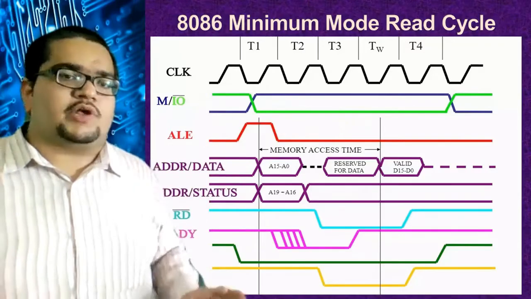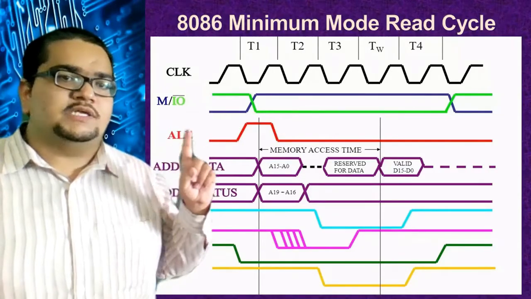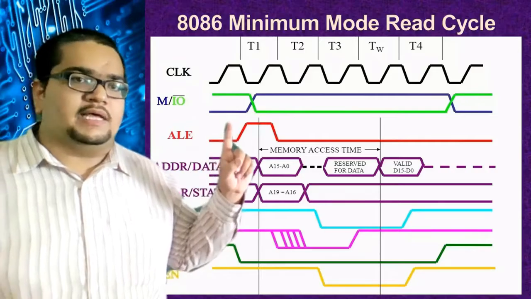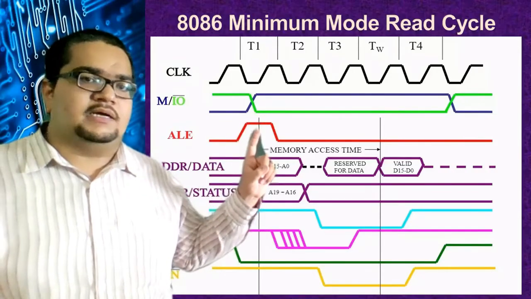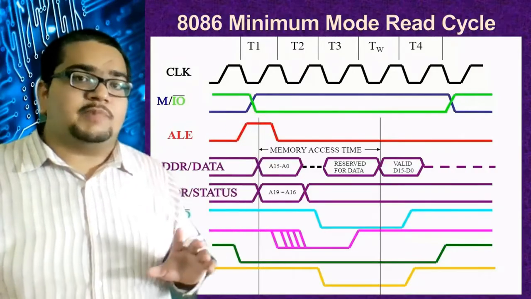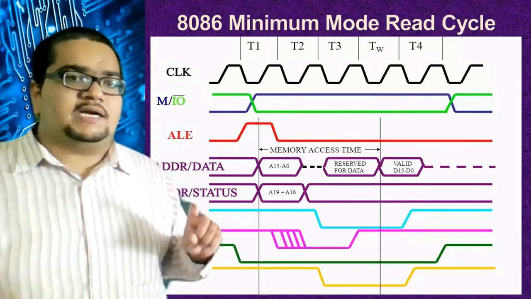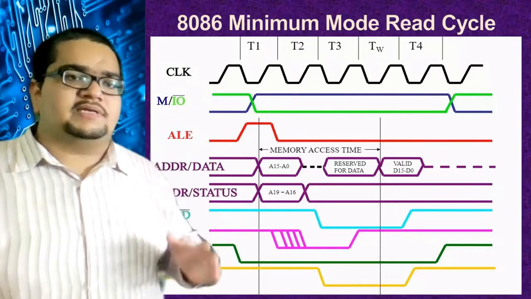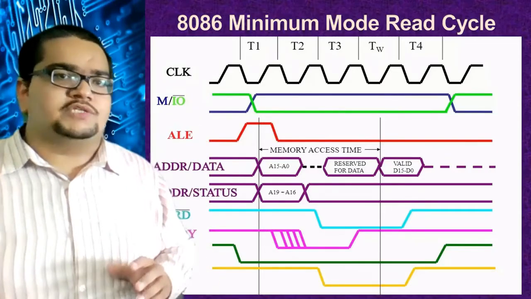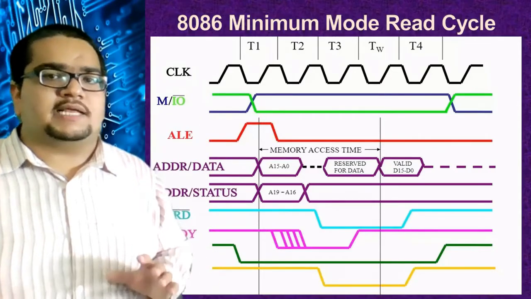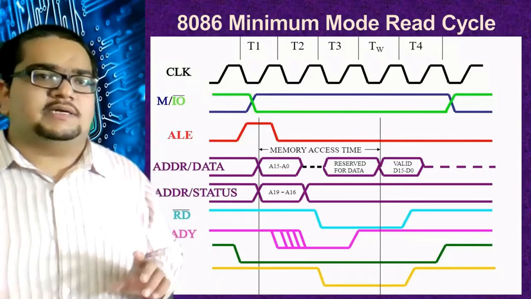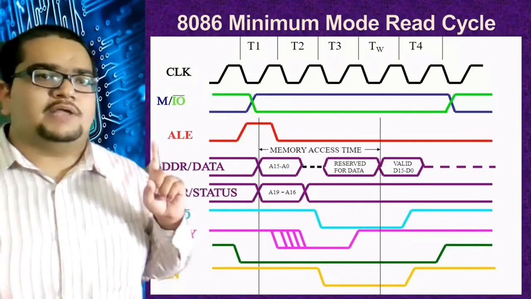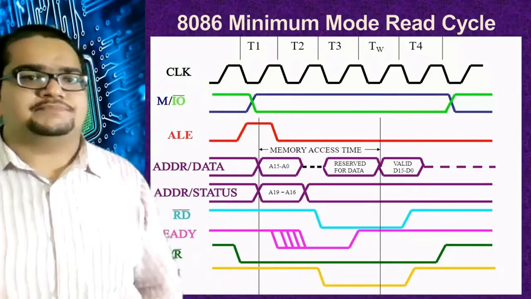You can draw the whole thing one more time with only one blue line here, eliminating that green IO line, so it becomes a memory read cycle. But when you have only the green line and not the blue line, the whole timing diagram is the IO read cycle of 8086. So memory read cycle and IO read cycle depend upon this particular pin, M/IO bar.